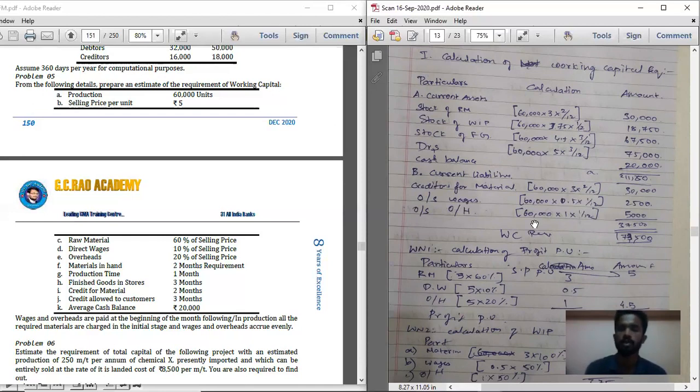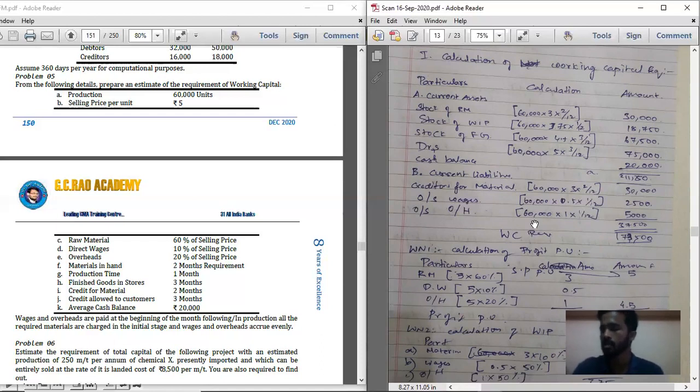Below the total, put capital C, net working capital required, open a bracket, capital A minus capital B.